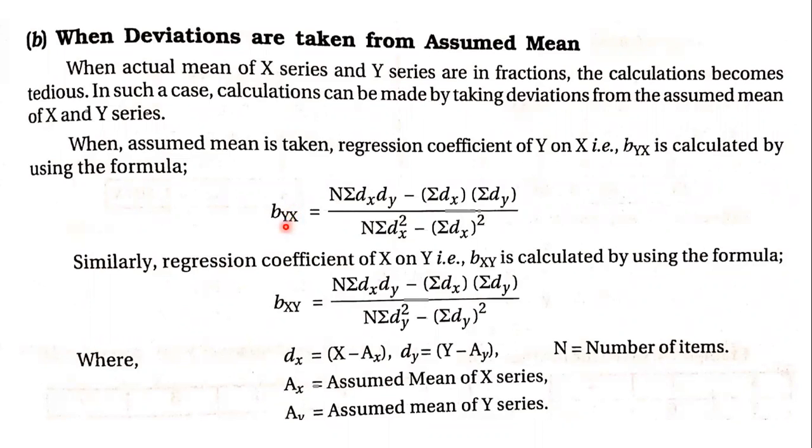First you have y. So n into sigma dx dy minus sigma dx into sigma dy, whole divided by n sigma dx square minus sigma dx whole square.